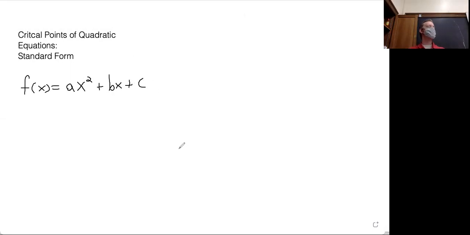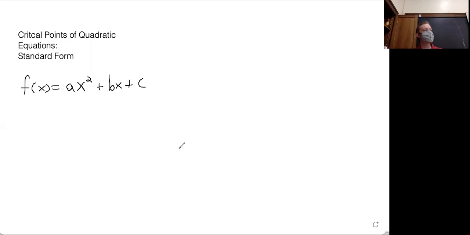So notice this looks fairly different than what we were looking at last week. So a lot of the process of coming up with our critical points will be different, but some of it will end up being the same.